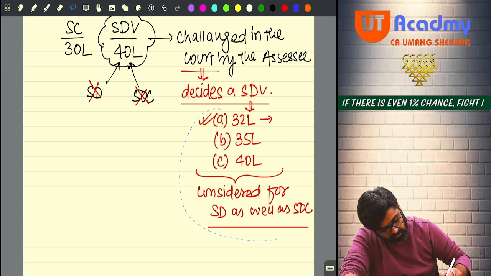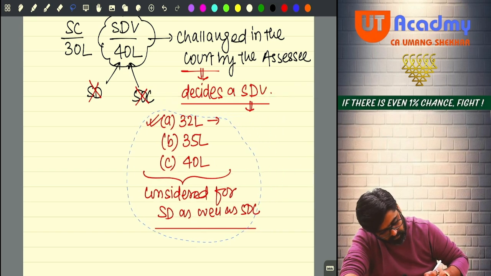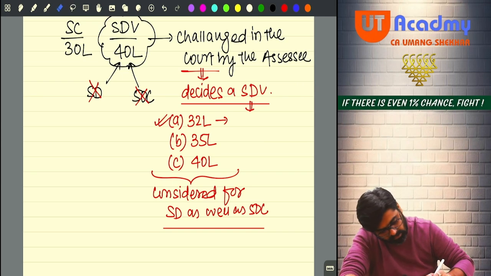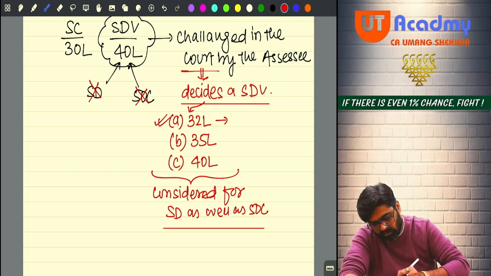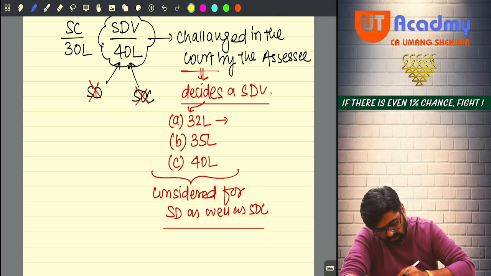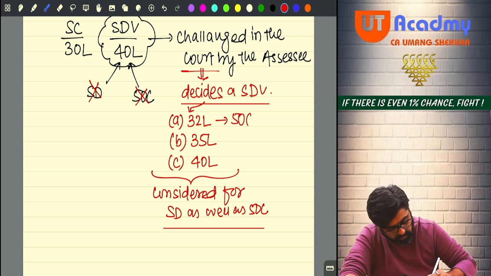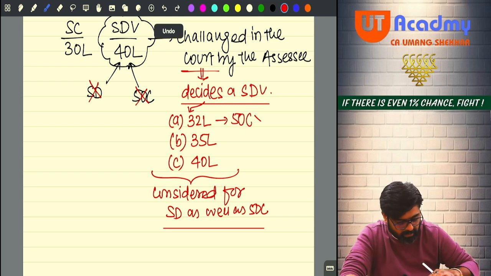What will happen here? Come on, tell me. If the court decides 32 lakhs, in this case 32 is still higher than 30. But 50C will not be applied here. Why not applied, sir?